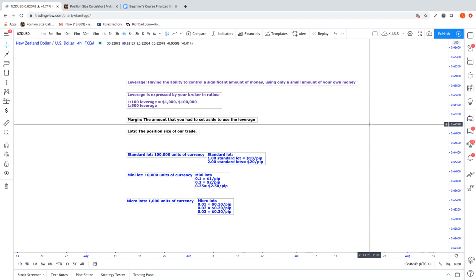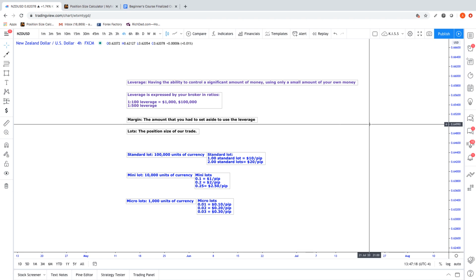We trade and make money based off the fluctuations in the exchange rates between different currencies, and these fluctuations are often pennies or cents. So you would have to have a large amount of money invested as a position size in the market to be able to make a profit off of the tiny fluctuations in the exchange rates.